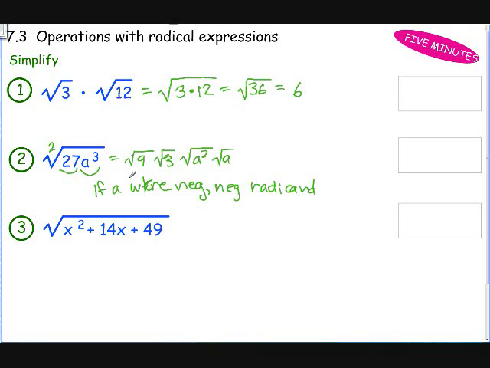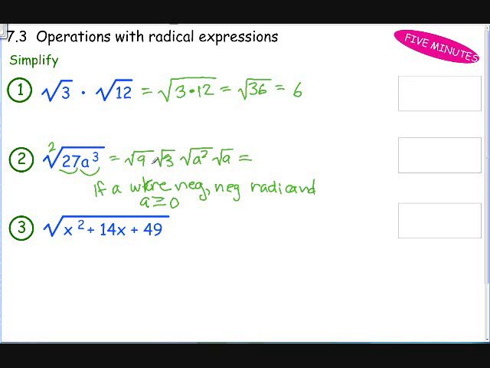If a were negative, then we would have a negative radicand, which would not be allowed. So one of the assumptions we have to make here is that a is either equal to or greater than 0. It's actually very helpful, because if I am able to make that assumption, then I don't have to deal with what if a were negative, okay?